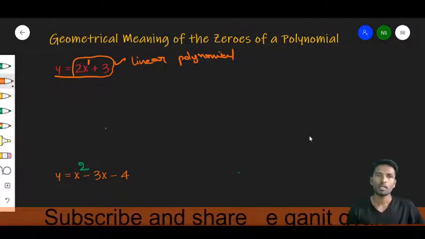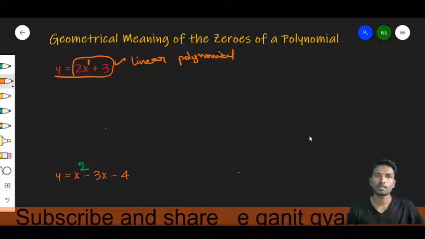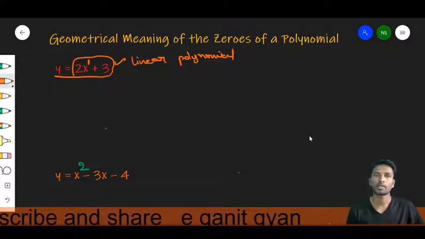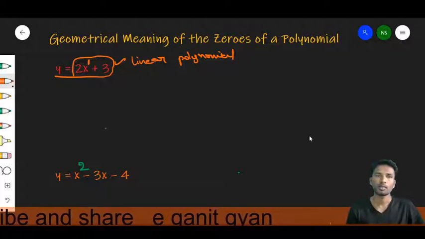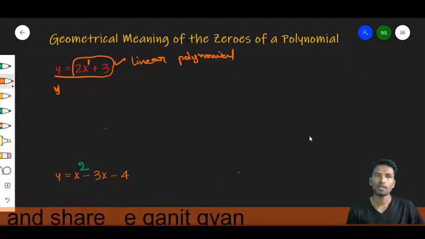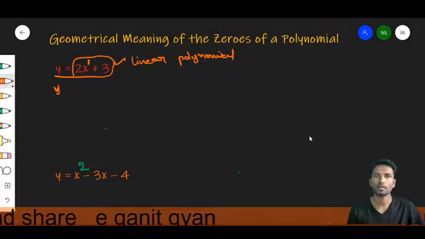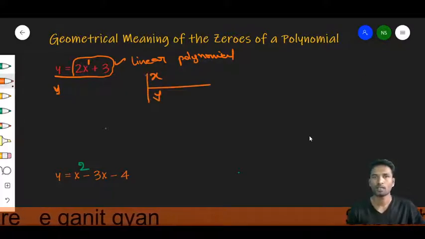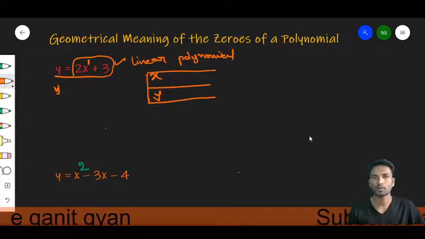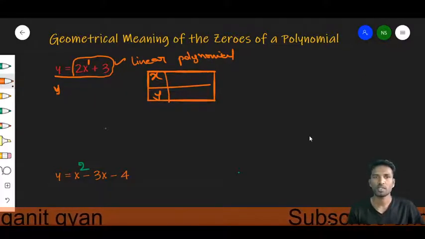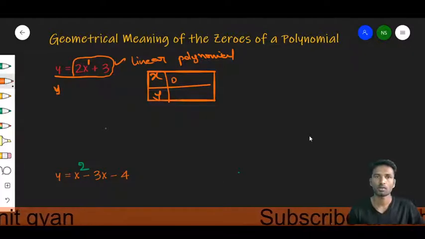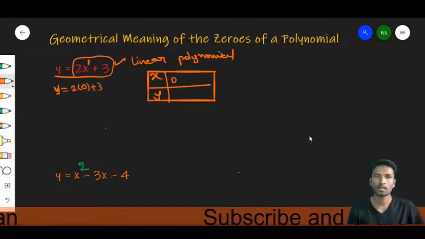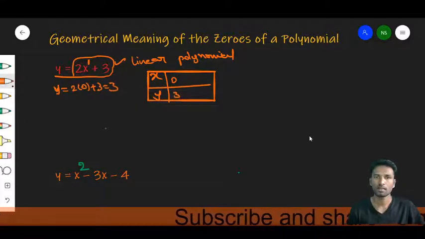If I draw this linear polynomial on the graph sheet, I will get a particular line. How can I draw it? I will assume x values, then I will get y values. If x is 0, this term becomes 0, like 2 into 0 plus 3, I get y value 3.